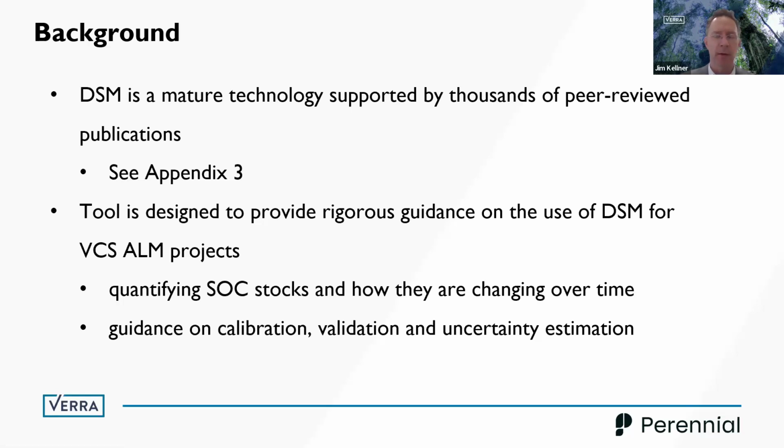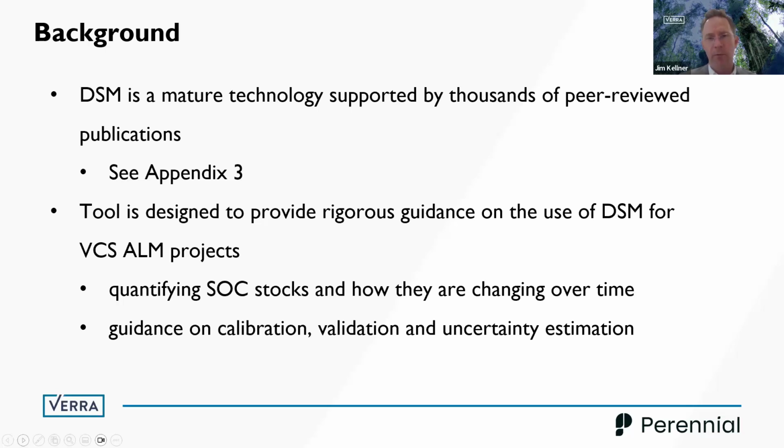And what we tried to do there was highlight examples that illustrate applications of digital soil mapping using a very wide range of measurement approaches, sensors, data sets, statistical methods, to illustrate to you the diversity of ways in which digital soil mapping may be applied under a VCS carbon program.